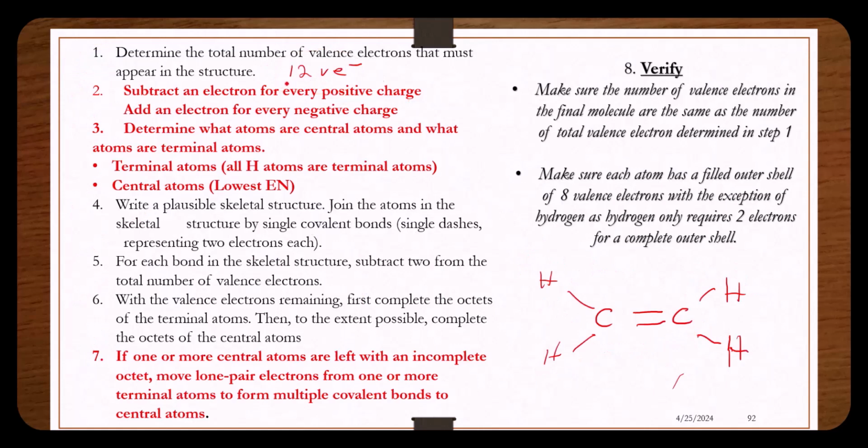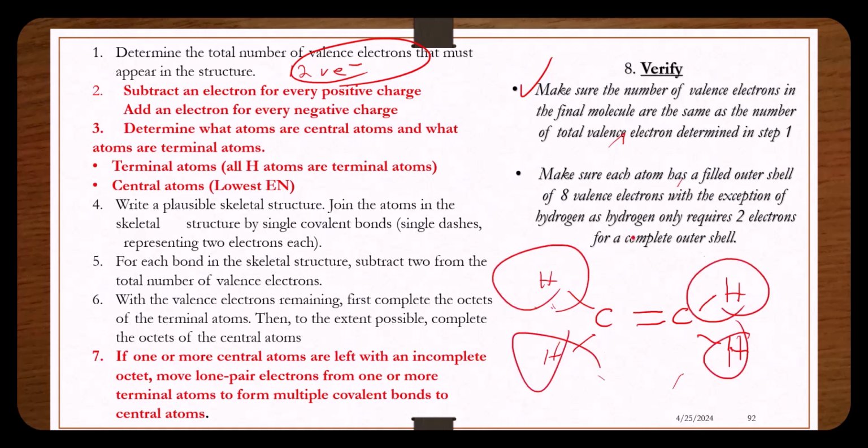We determined in the first step that there are 12 valence electrons right here, and in the molecule there are 2, 4, 6, 8, 10, 12, so this part of the guidelines is met. In the second part, all the hydrogens have a filled outer shell of 2 electrons with a single bond right here, and there's 4, so that part is met.